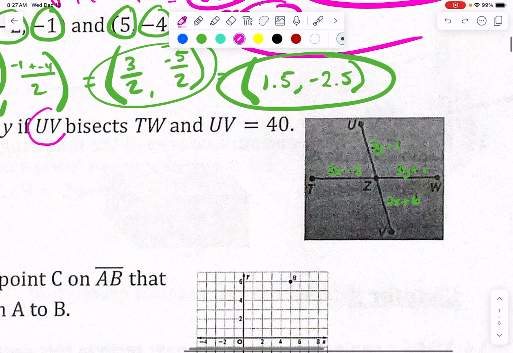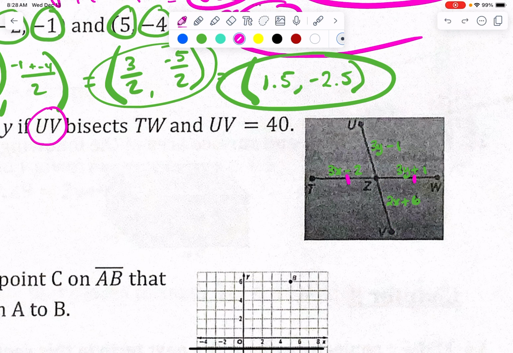UV is bisecting TW, which means that it's like the knife, cutting this in half. That means the left side is the same as the right side. If this cuts it in half, those two sides are the same.